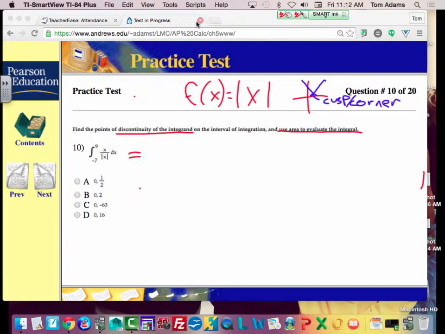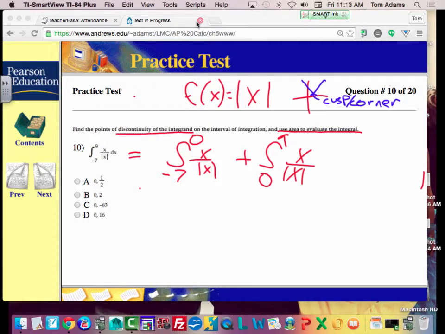I want to integrate from negative 7 to 0 of x, right, plus 0 to 9. Does that make sense? Well, I'm going from negative 7 to 9.